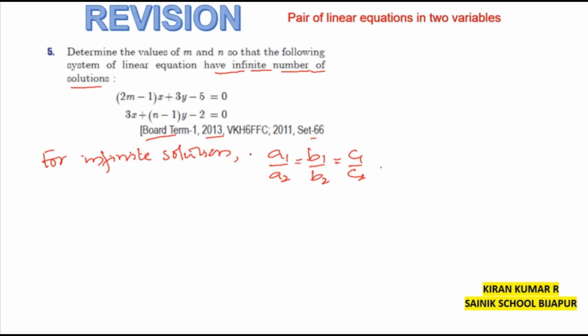So I have to consider the condition for coincident lines. Let me substitute the values of a1, a2, b1, b2, c1, c2. I'll be getting 2m minus 1 divided by 3 equal to 3 divided by n minus 1, which is equal to 5 upon 2.